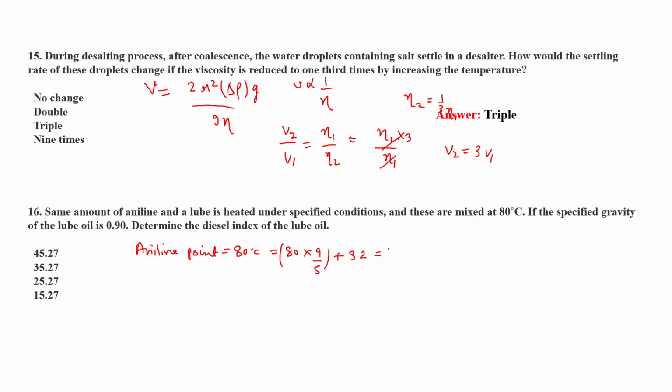That is 80 into 9 by 5 plus 32, which gives 176 degree Fahrenheit.